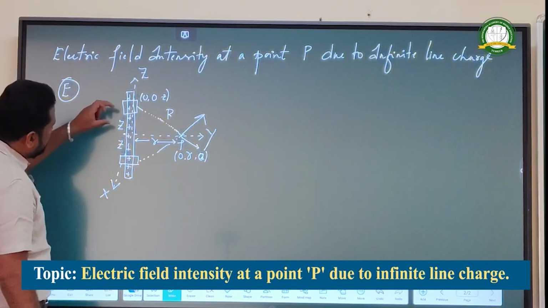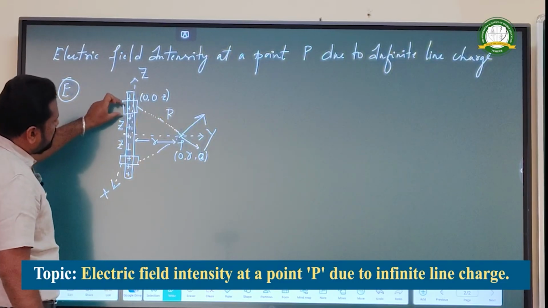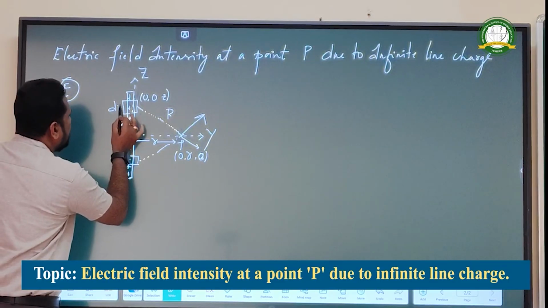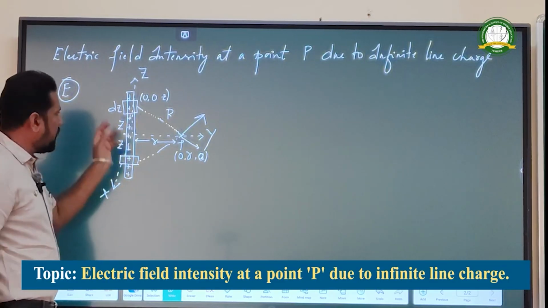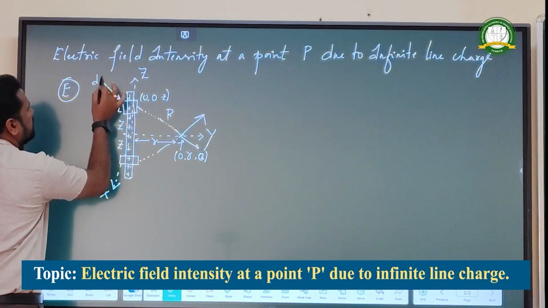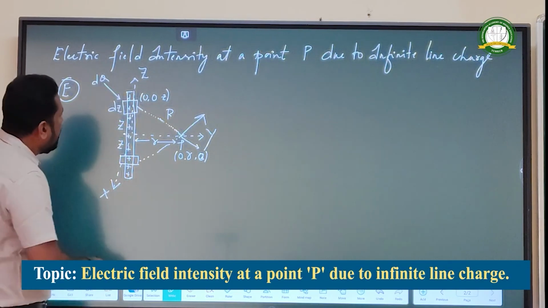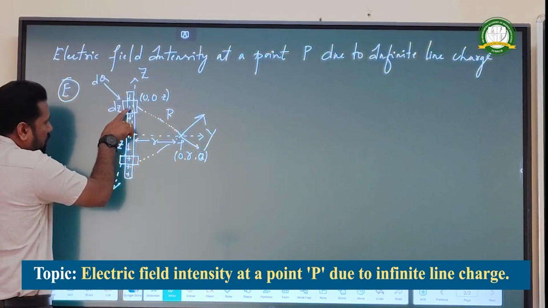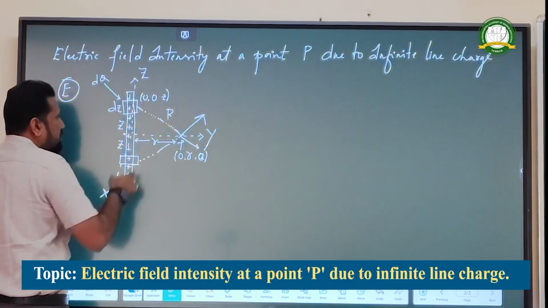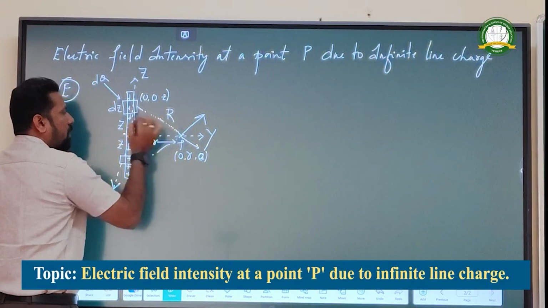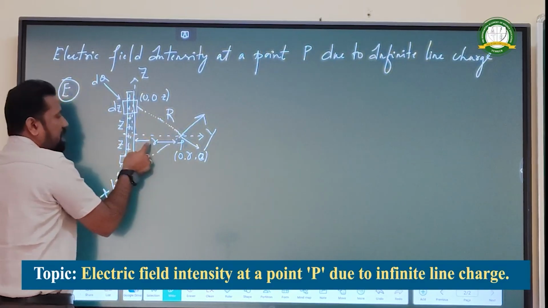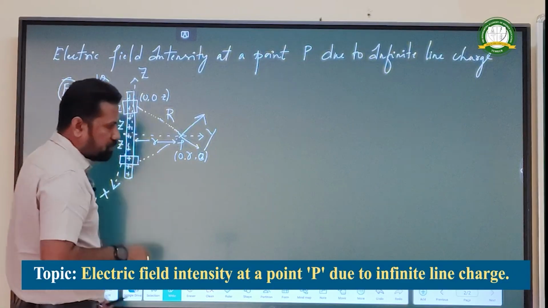So here the distance from the origin to the small differential length dz, so it is placed along z axis. So dz, which carries dq amount of charges, and the distance between the small differential length dz to the point of interest is capital R, and the distance from the origin to the point P is small r.